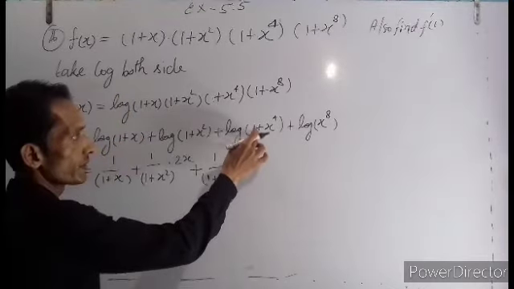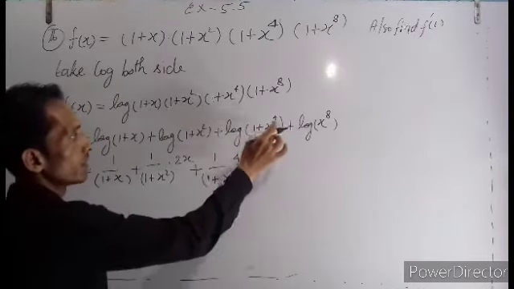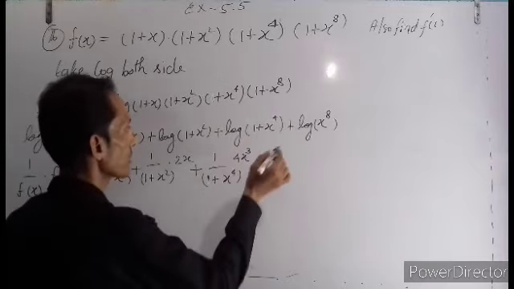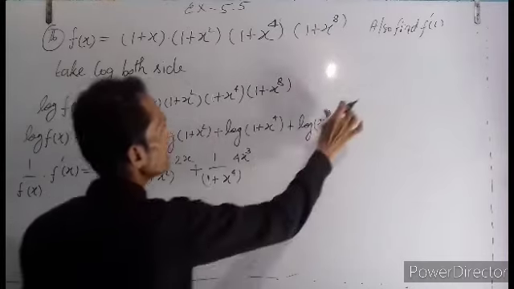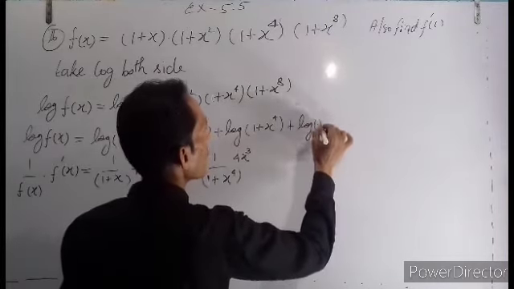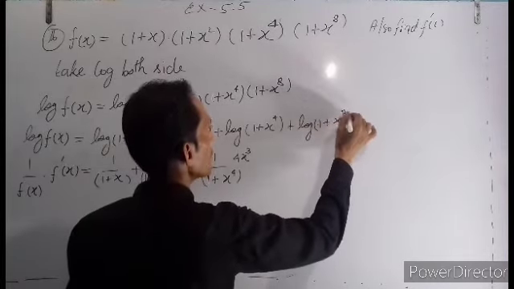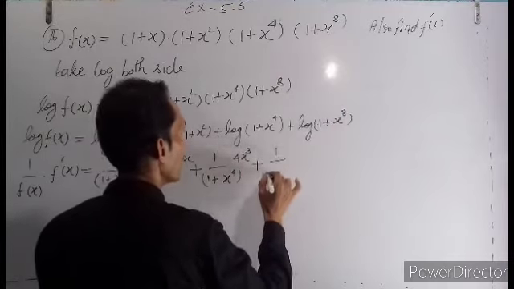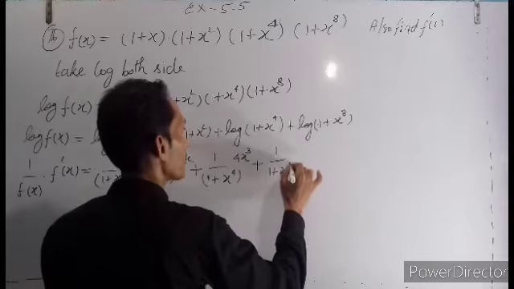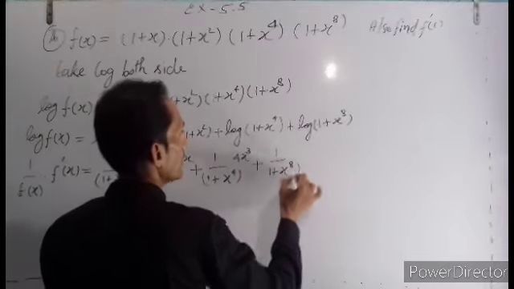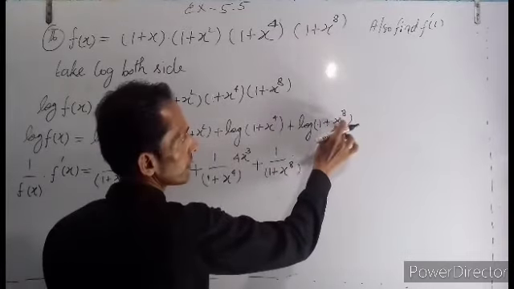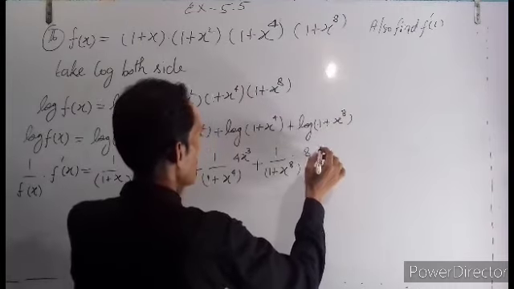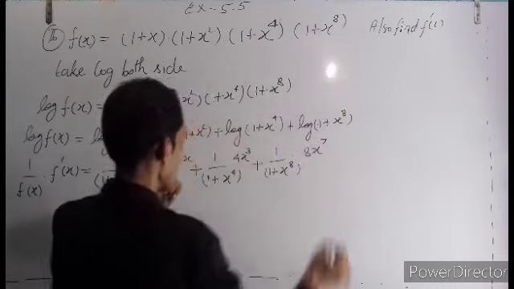The derivative of 1 is 0, since it is a constant, and the derivative of x raised to the power 4 is 4x cube. Similarly, for 1 plus x raised to the power 8, we get 1 upon 1 plus x raised to the power 8 into the derivative, which is 0 plus 8x raised to the power 7.